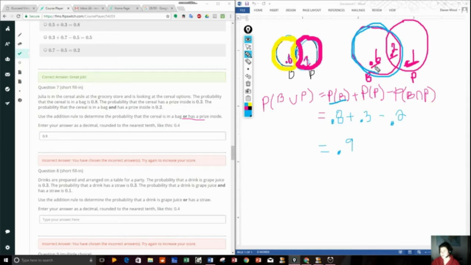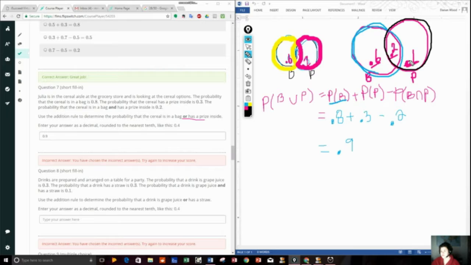It's talking about the 0.6 and the 0.2 because that's still selecting a bag, and then the other one, the probability of selecting a prize, is this entire circle, and they include that too again because even though it's a bag and a prize, it's still included in the prize circle. So that's why they have to subtract it out once.